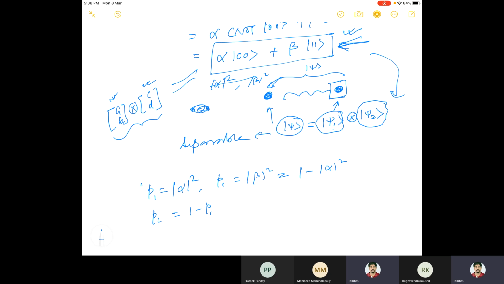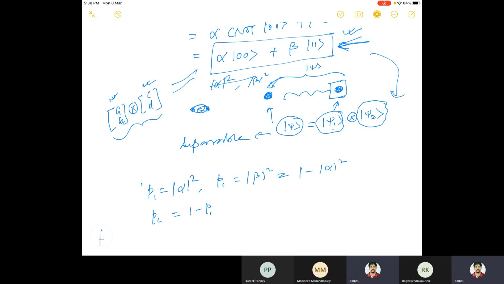The maximum value of Shannon entropy will be obtained when P1 is equal to half and P2 is equal to half, meaning alpha is equal to 1 by root 2 and beta is equal to 1 by root 2. In that sense it is maximal, and that can happen only when you have a Bell state.